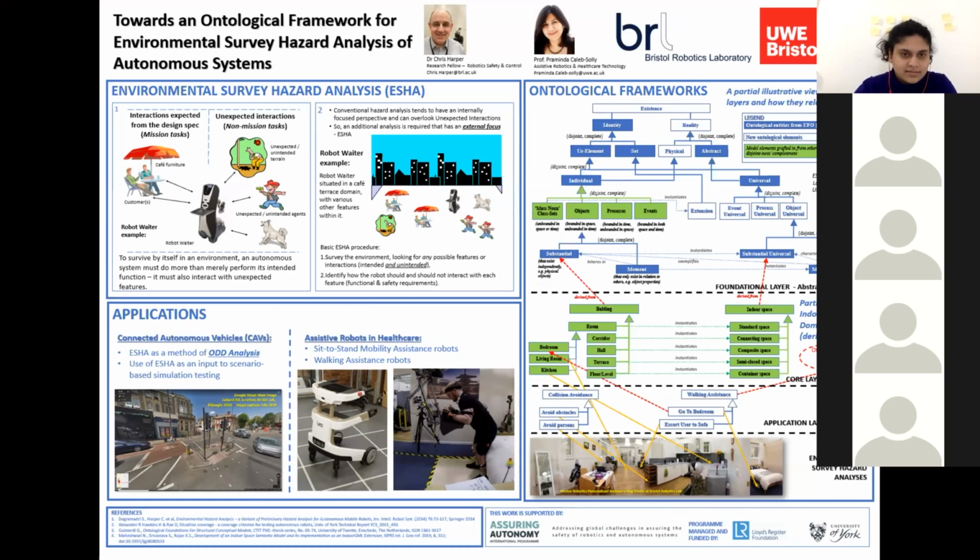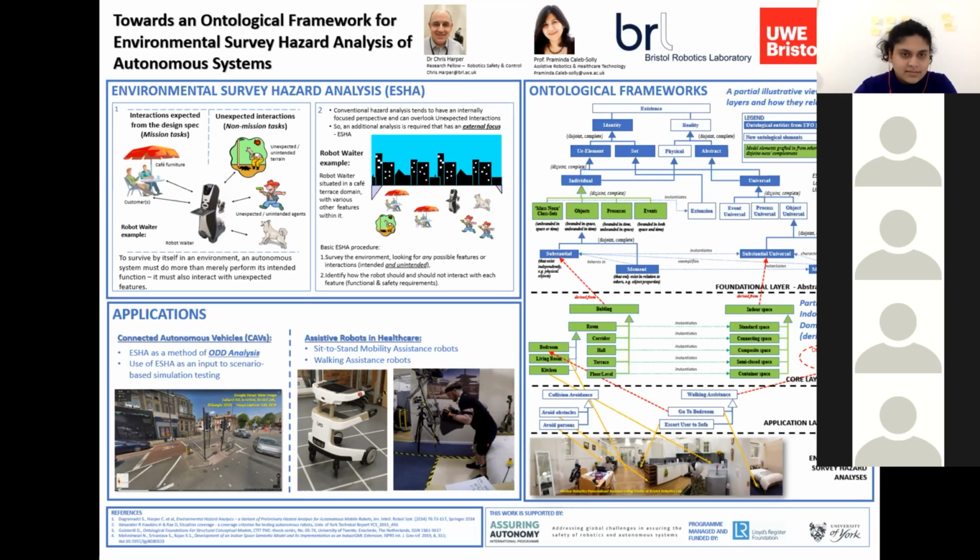Several years ago, we started to try looking at system engineering methods for assessing autonomous system problems. In particular, we wanted to do hazard analysis on autonomy problems such as robot waiters or mobile assistant robots and things like that.